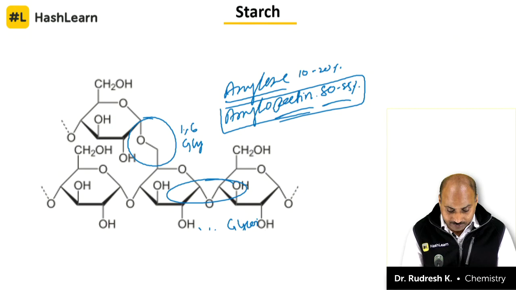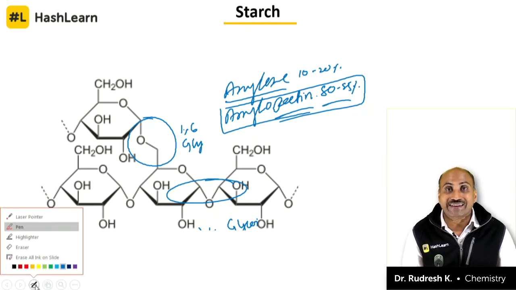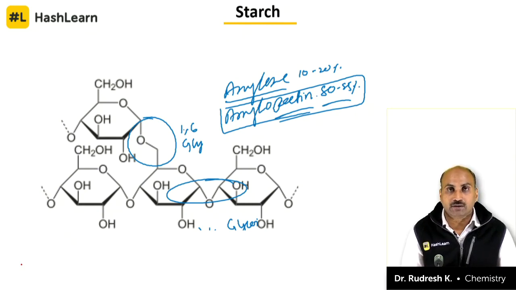So the two linkages are exhibited by starch. One important thing is that starch finds an important application in iodometric titration, where starch acts as an indicator. When we add the indicator towards the end of the titration, it changes the color. The amylopectin present in the starch turns red with iodine. When the amylose is present more, it turns blue.